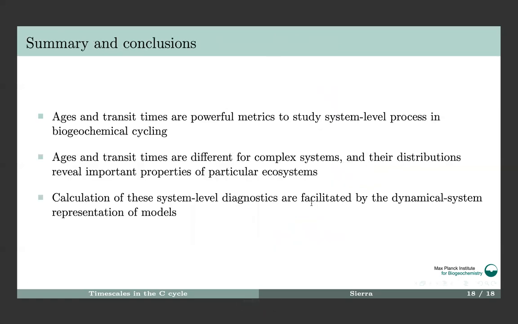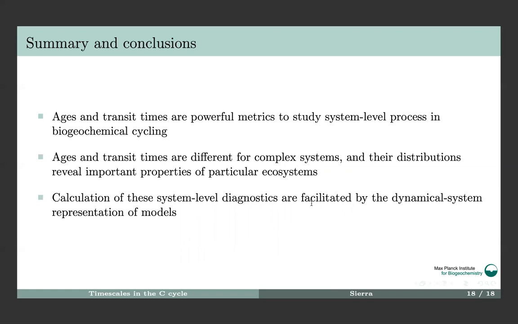So, to summarize, ages and transit times are powerful metrics to study system-level processes in biogeochemical processes. Ages and transit times are different for complex systems, and their distributions reveal important properties for particular ecosystems. We can use this theory to ask very specific questions about ages and transit times that integrate many different processes in ecosystems.